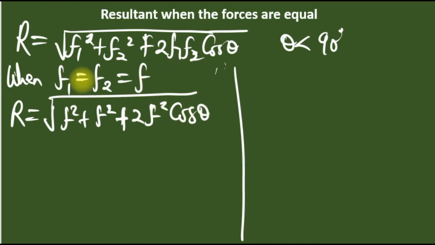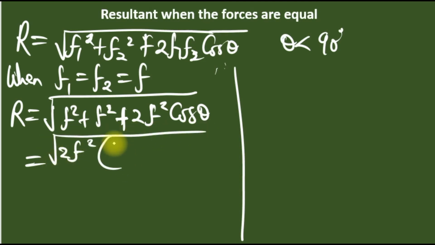So I replace F1 and F2 with F. And if you factor, F squared plus F squared is 2F squared, so you factor 2F squared, and you are left with 1 plus cos theta.